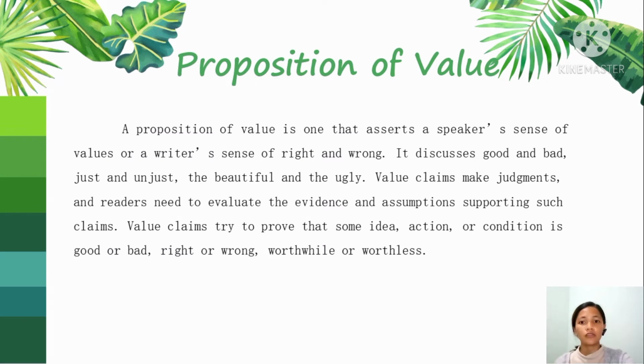And lastly, consider your audience's feelings and values. Persuasive speeches of value depend on a judgment that something is right or wrong. So, the speech should include an appeal, criteria for judgment, and facts that support the appeal using the judgment criteria. So, that's all.